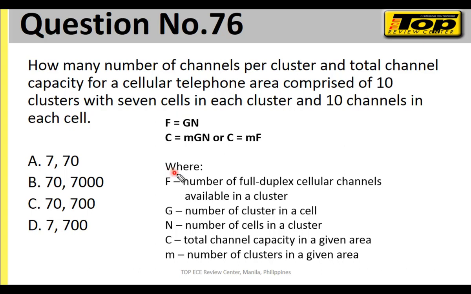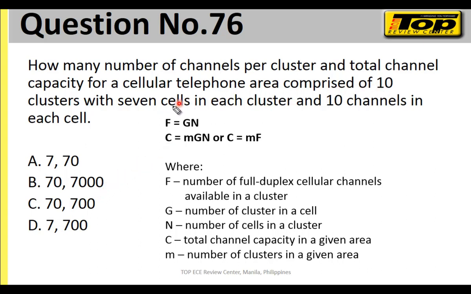And then, every cell has ilan yung number of full duplex cellular channels niya, you have 10 channels. So 10 channels times 7, that would be 70. Pero 10 yung cluster.